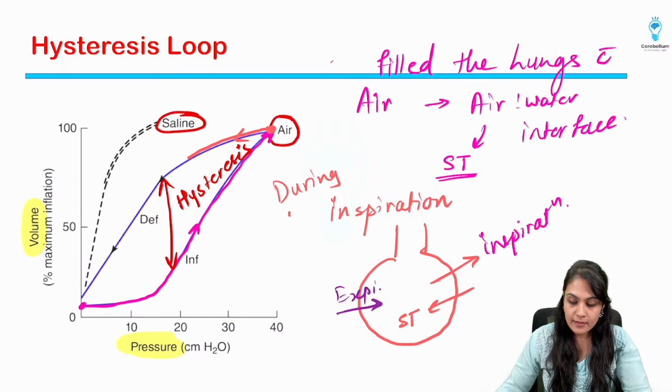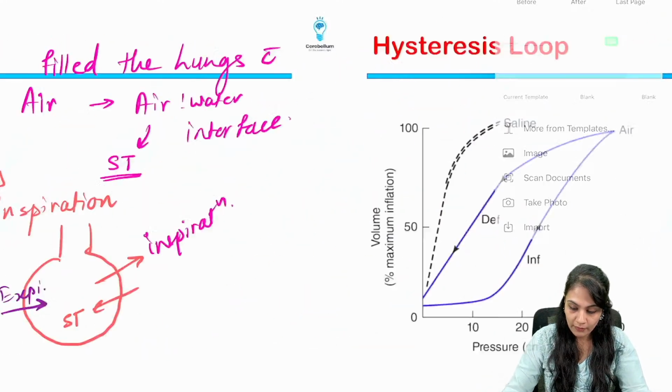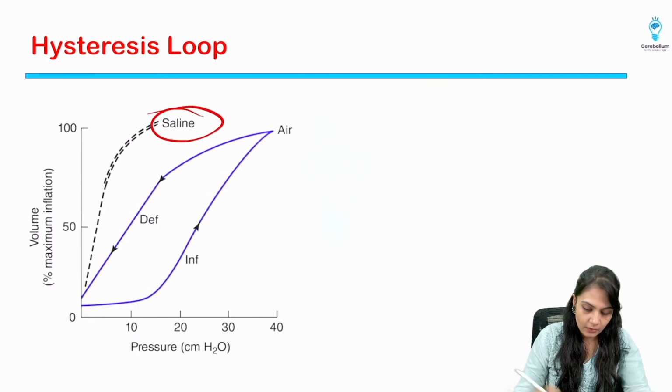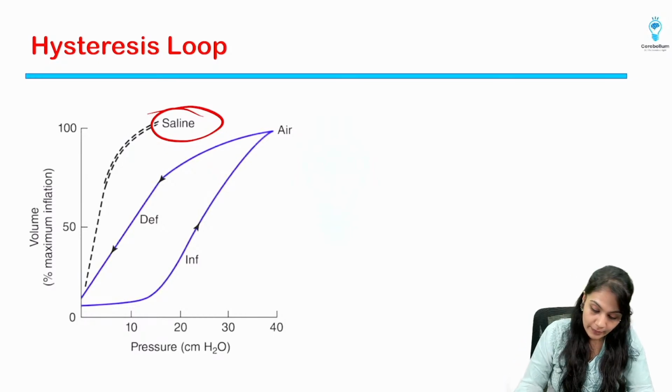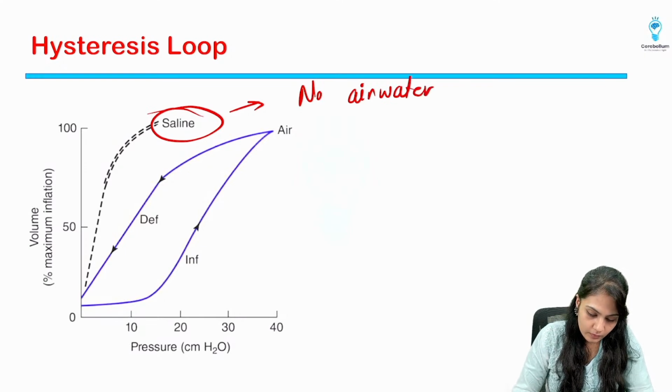Okay, but that is the surface tension. But what if I say that I fill the lung with saline? Now what is going to happen? Tell me. If I fill the lungs with saline, what is going to happen? Definitely, there will be no air-water interface.